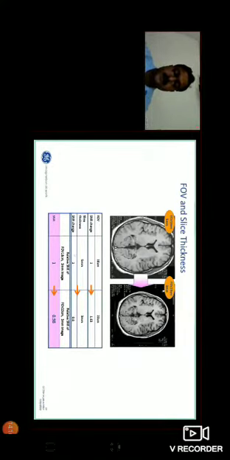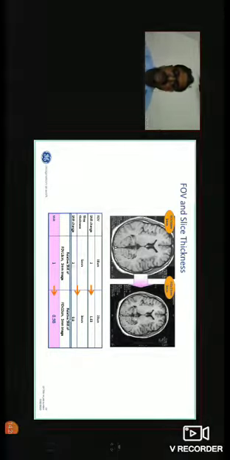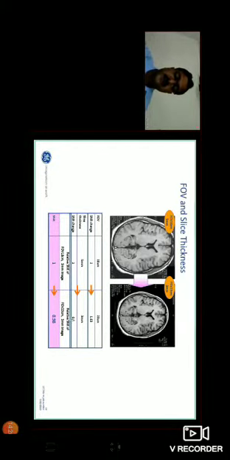My relative SNR is reduced to 0.61. To gain the SNR, I slightly increased the FOV. So instead of 18, I increased a little bit of FOV. So I gained some of the SNR by changing these parameters.